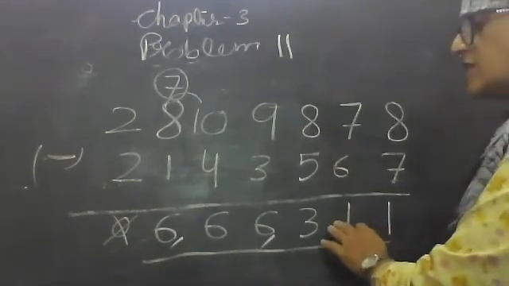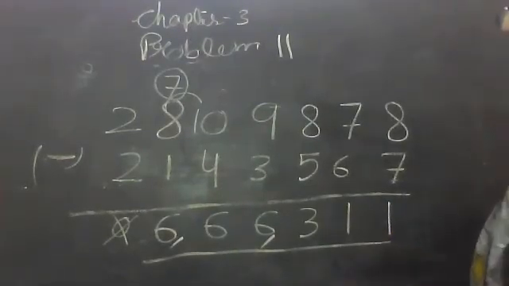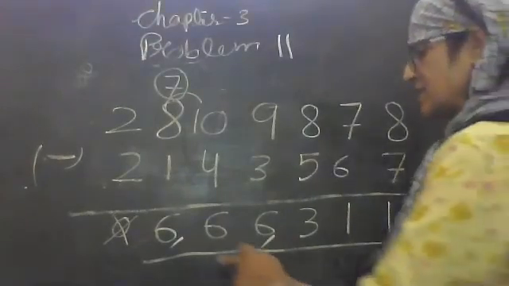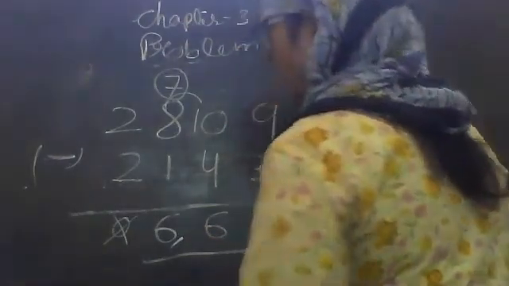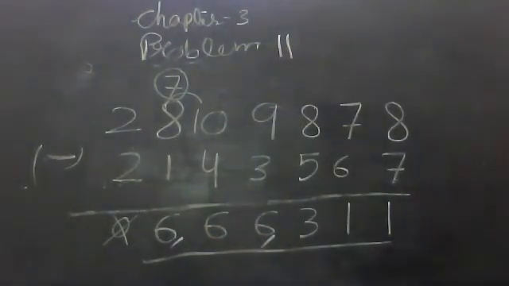So this is the answer, and you have to write the sentence also. The population grew by 6,66,311. So this was the word problem which I showed you on the board.